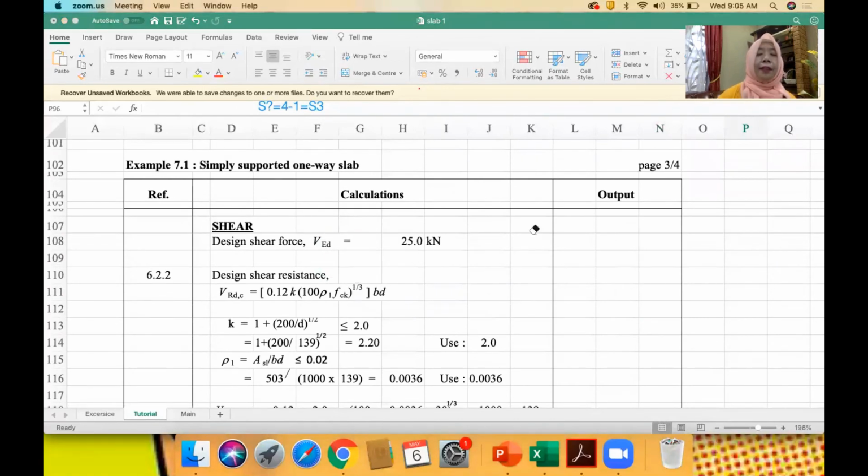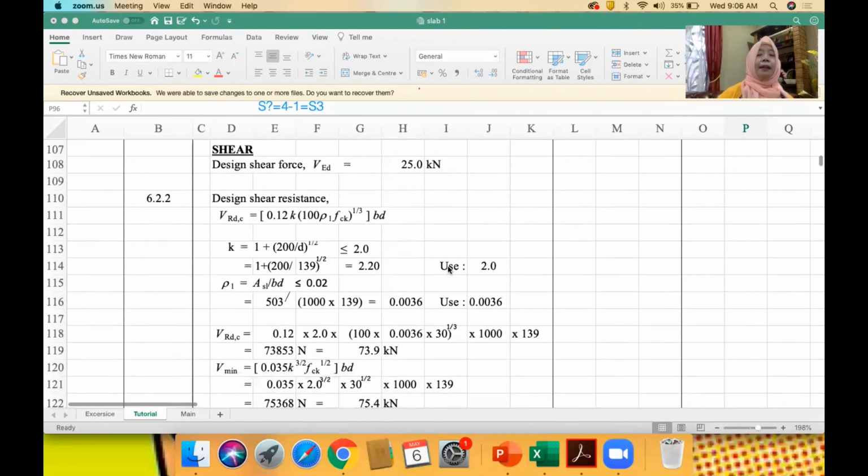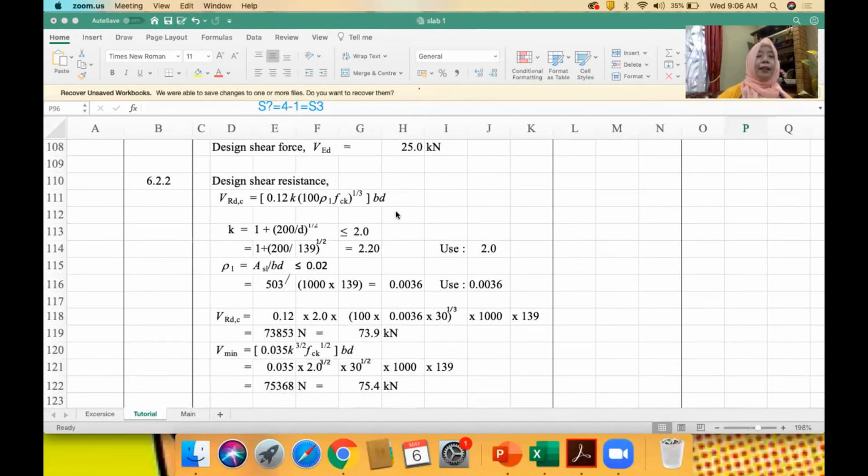After we finish designing the flexural reinforcement, the next step is checking for the shear. This is the formula given in the code just now. The formula is 0.12 k (100 rho1 fck).